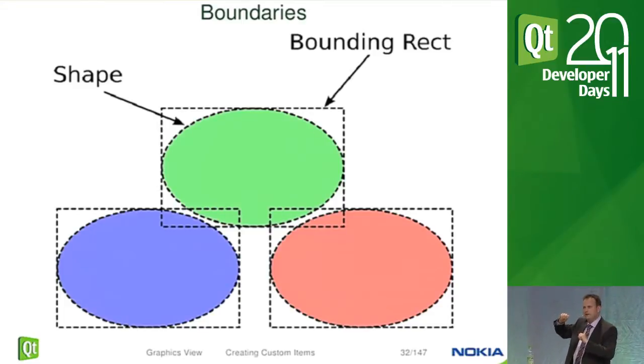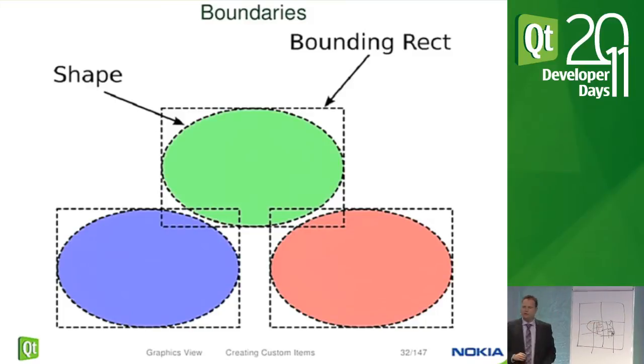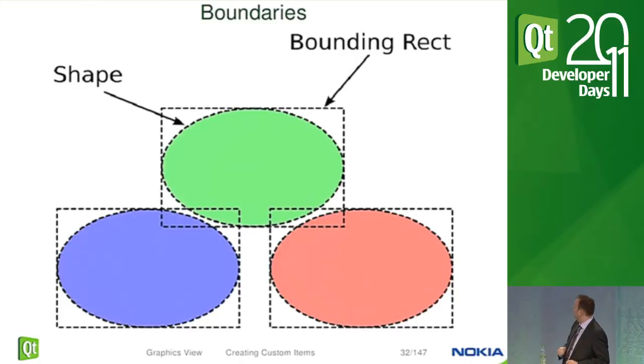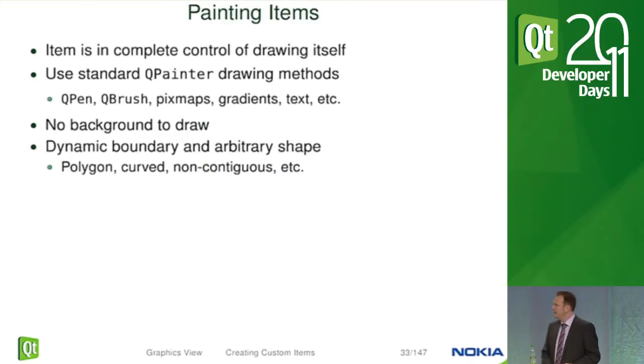And once we have decided that our mouse is over the whale, then it will go and see, is it really over the whale? In our example, we could easily be outside one of those, and it will then tell you no, you're not really over the whale, despite the bounding rect saying that you are. So the bounding rect needs to be really, really super fast, while the shape needs to be accurate enough. If it's fast too, that's just an added bonus.